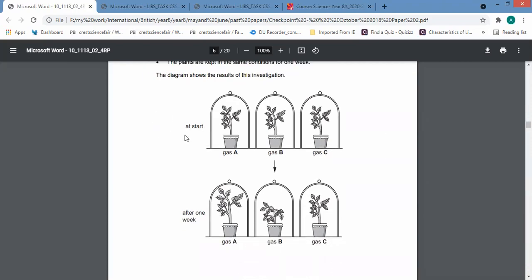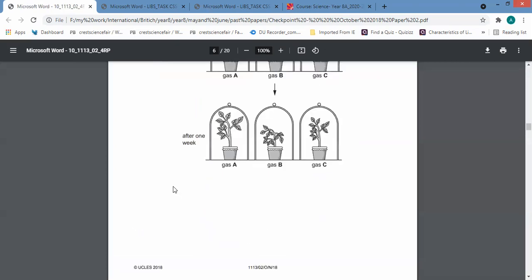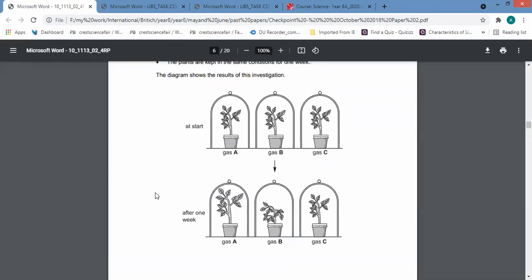We have the first figure at the start. As you can see, 3 pots of plants, and in 3 different conditions, different gases, gas A, gas B, and C. After 1 week, we can note what happens to the plant in gas A. What about the size of the plant?